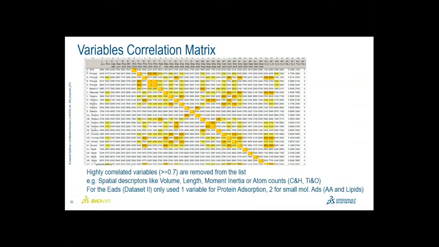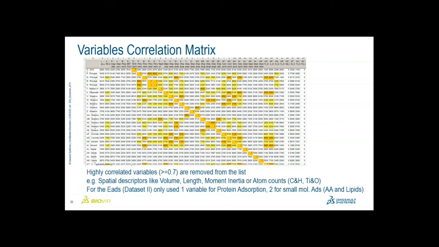We reduce them because we have a very high correlation between the variables when we use the entire sets of hundreds of descriptors. We start to have lots of correlation between our variables, our axes. So we do a correlation matrix, and then everything above 0.7 is removed.